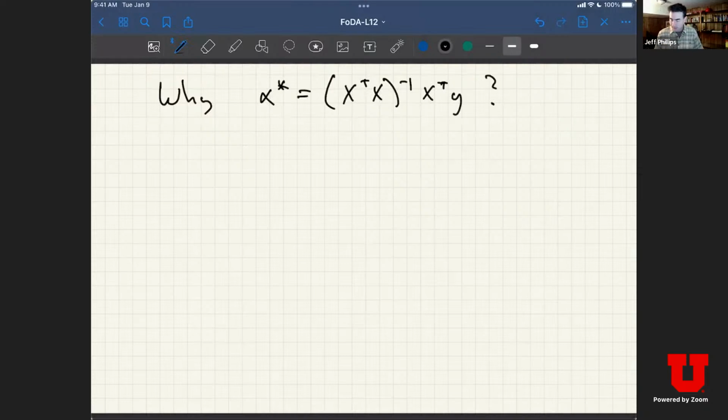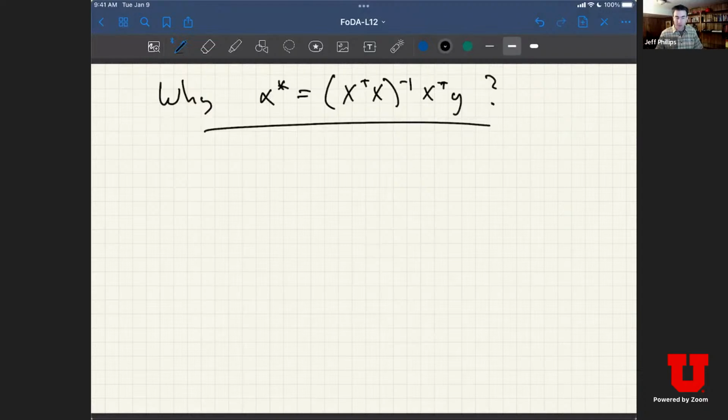The short answer is that you can write down the cost function, take the first derivative through linear algebra, through partial derivatives, and solve for when that's equal to 0, and this is the answer that comes out. I'm not going to do this now. I want to make sure I get through everything I need to, and if you have questions after class, I can go through this.